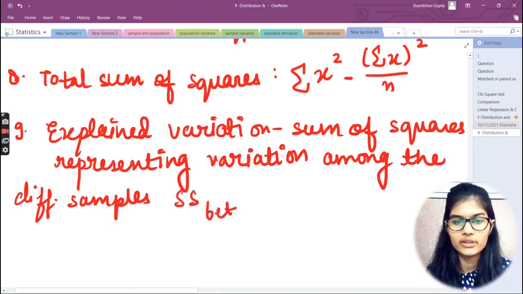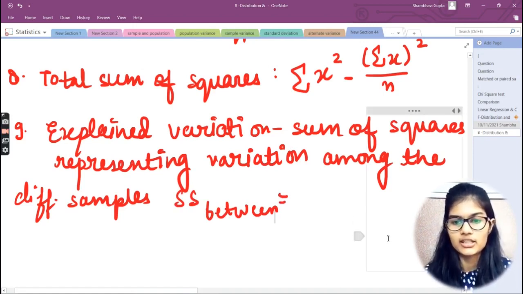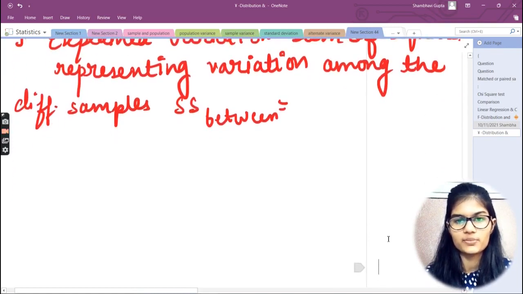SS between is equal to, let me get down from here so that I could get some space for writing.